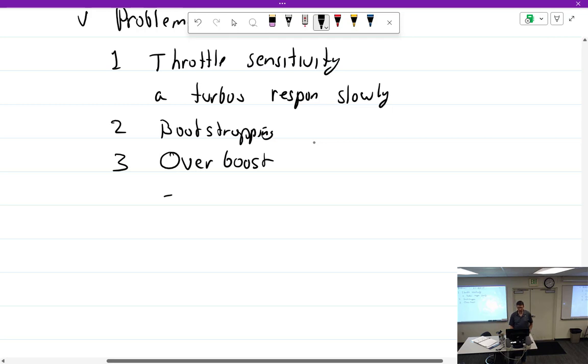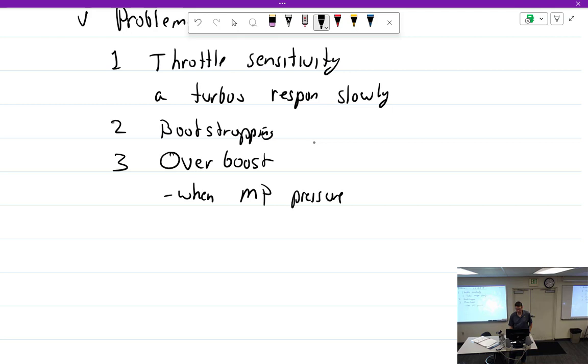So overboost is when manifold pressure exceeds manufacturer set limits.